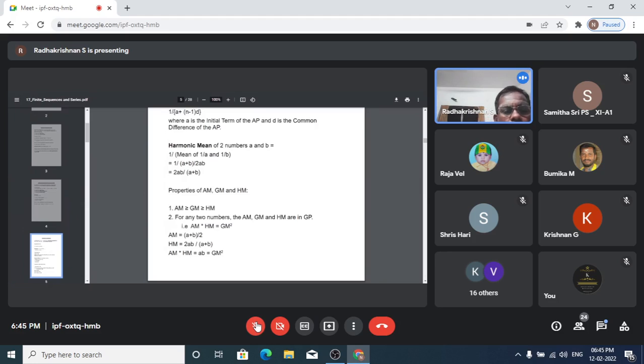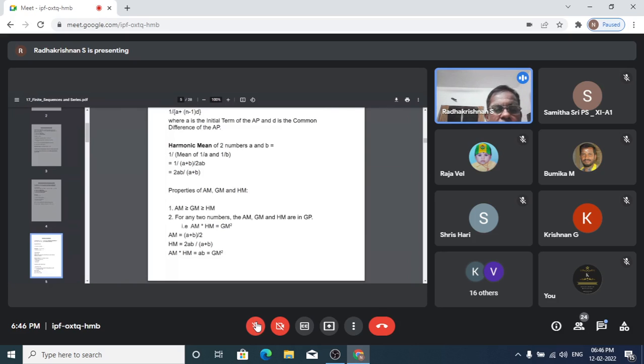AM is equal to A plus B by 2, HM is equal to 2AB by A plus B. If we multiply these two, AM into HM becomes AB, which is GM square. So these three are in GP.